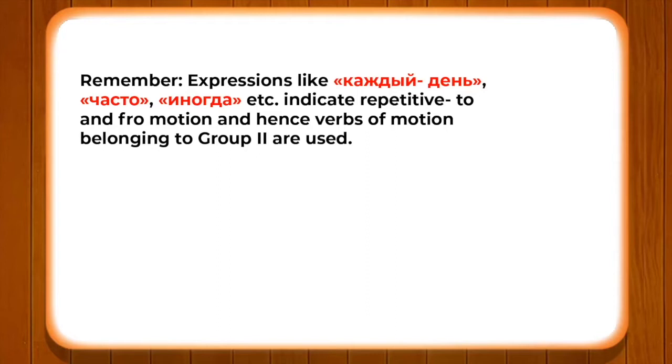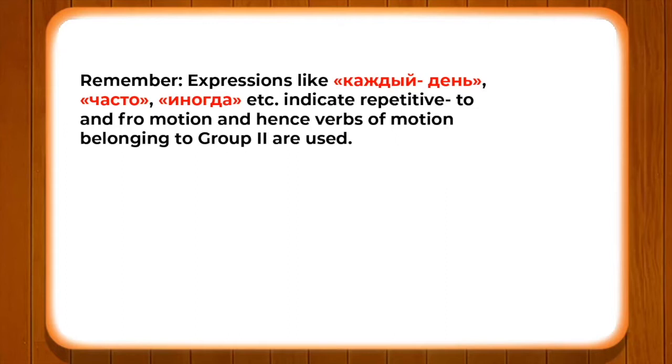So it's clear when we use group 2 verbs, especially when we have to-and-fro or multi-direction movement. These expressions are indications of when to use the second group of verbs of motion. So it would be absolutely clear for you to use the particular verb in that case.